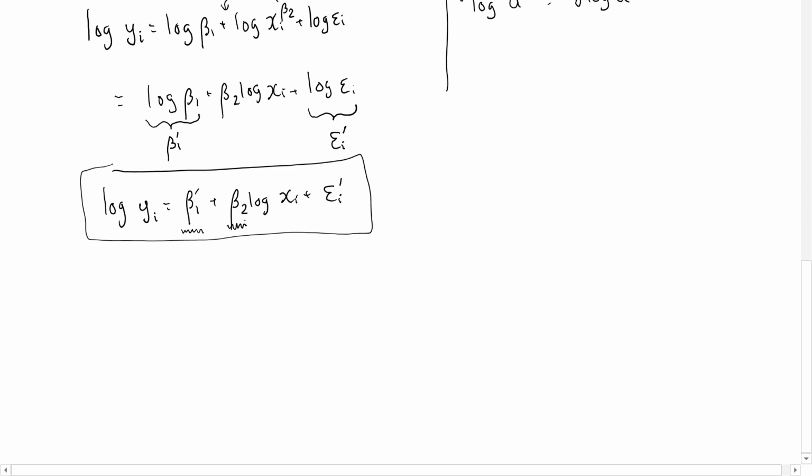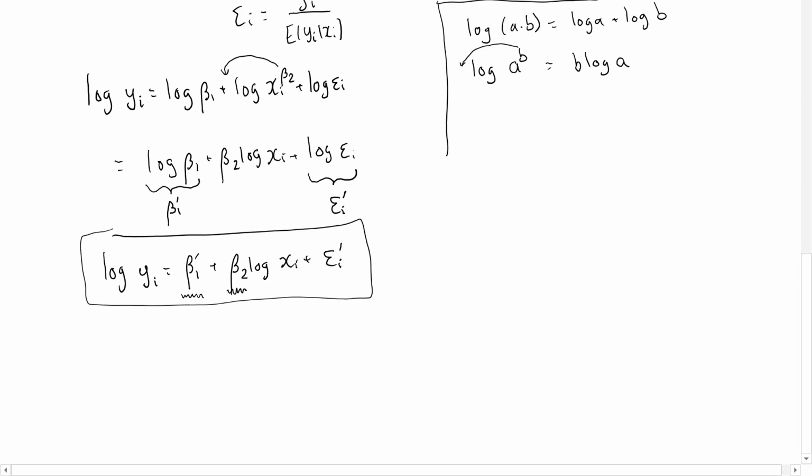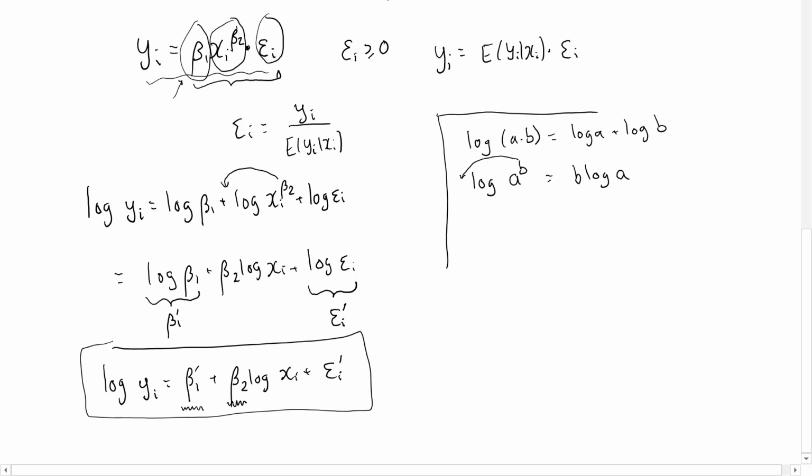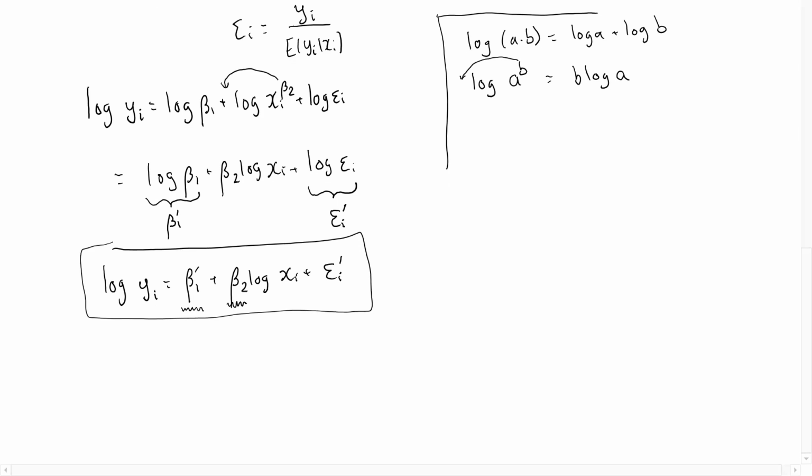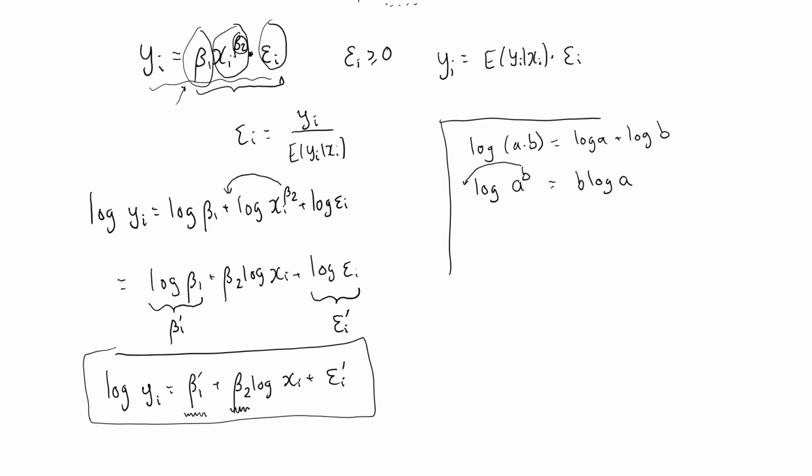That's the same beta 2 as we started with here in our model. So as you can see, all I need to do to estimate this model that I started with is to log my y data, log my x data, and then do a linear regression model using my logged data. This is the reason it's called a log-log model, because I end up doing a regression of log y on log x.